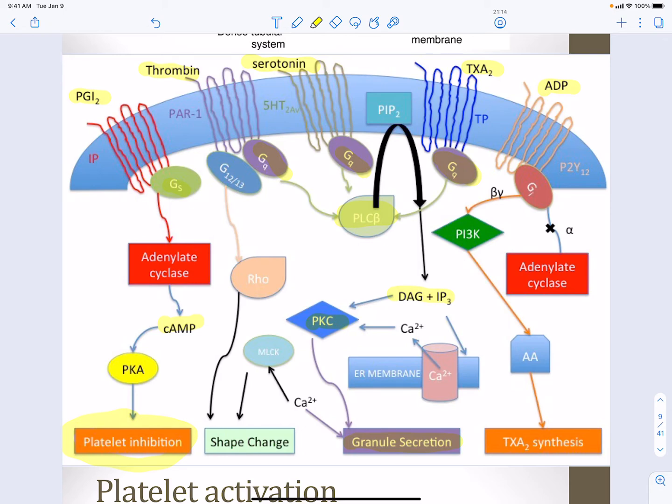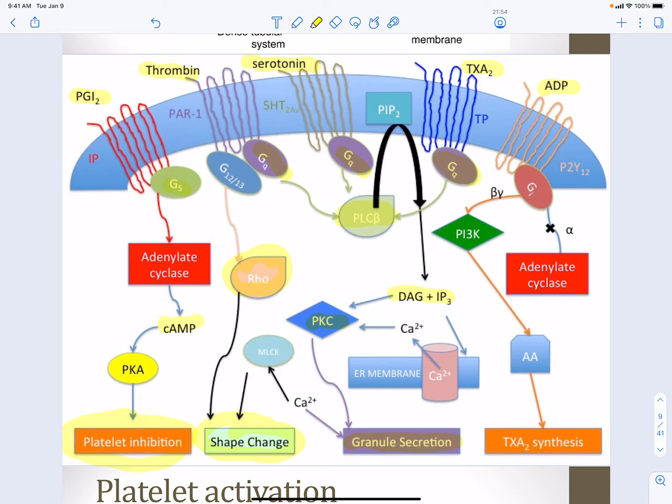And so your serotonin and thrombin both have the ability to also activate that PLC beta, the beta form of phospholipase C. For thrombin, you also have the ability to go downstream and activate Rho GTPases. Rho GTPases are critical for the shape of your cytoskeleton. And so the Rho GTPases help your platelets change shape. Serotonin is primarily going to have the same effect as your thromboxane.